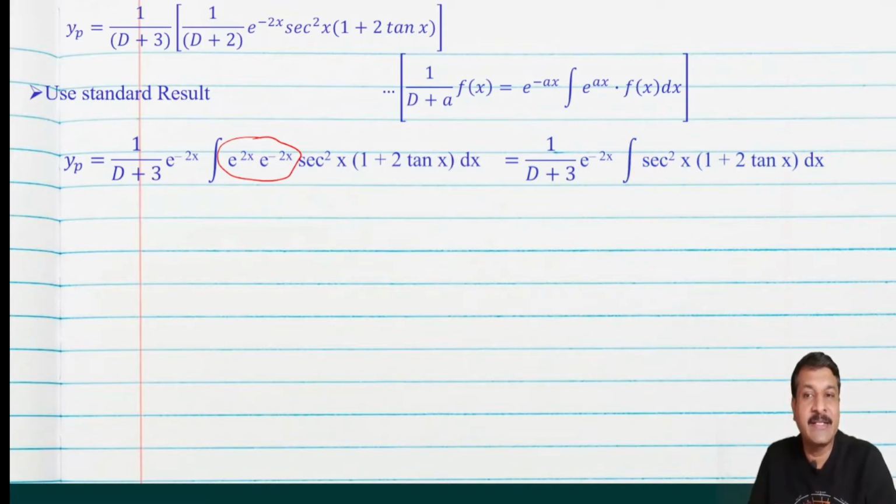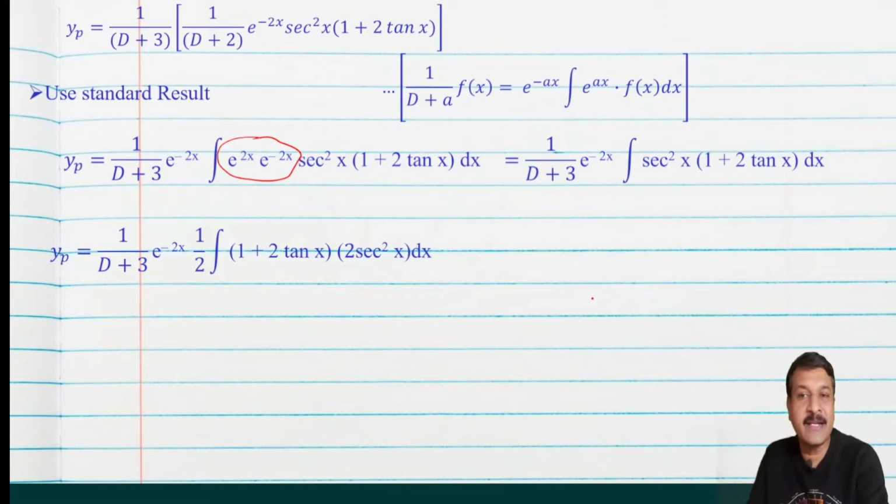Now integrate this: sec²x (1 + 2 tan x). So how to integrate it? Again I repeat, you must know the methods of integration and the list of integrals also. Here I am just taking an adjustment. How? This is 1 + 2 tan x and sec²x. So I am taking 1/2 and this 2 here.